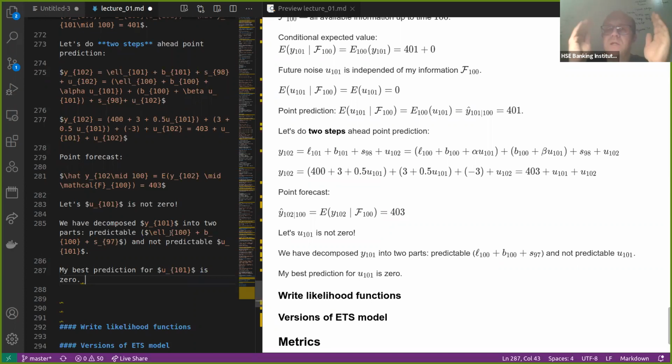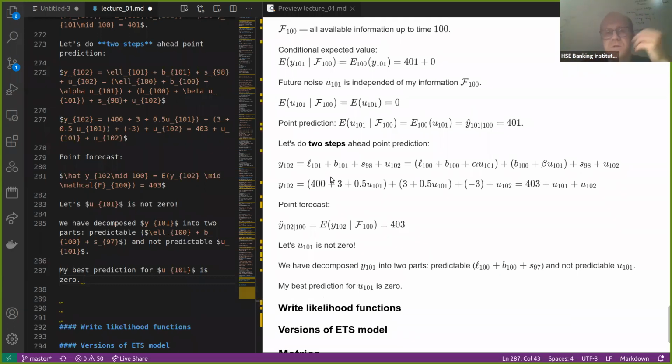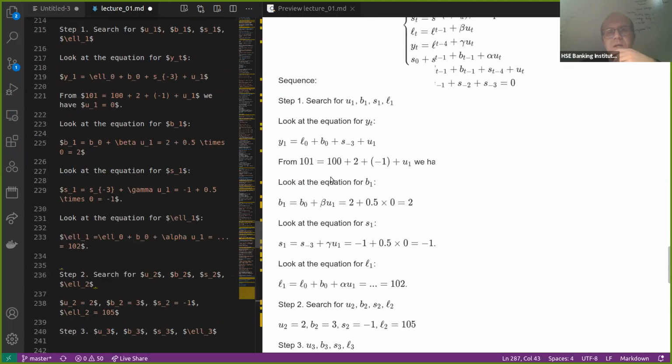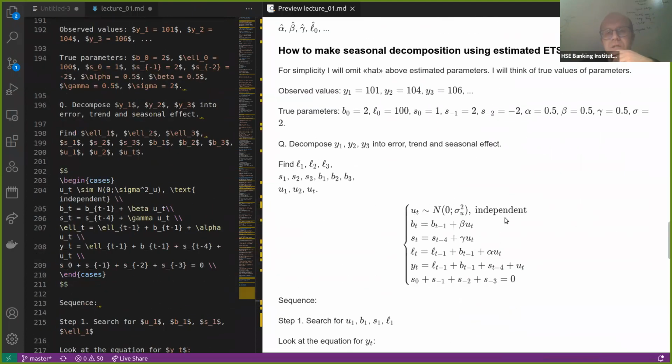I have completely predicted what is predictable, and what is unpredictable I cannot do, because in my assumptions I have stated that these random noises are independent, and I have information about time up to 100. I don't have information about 101, no information about U101.